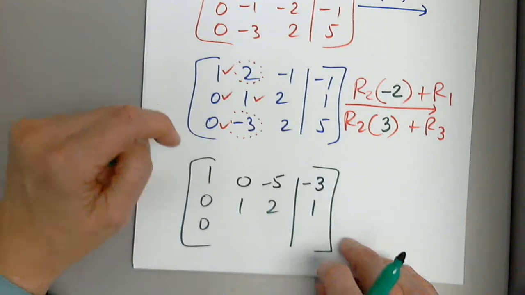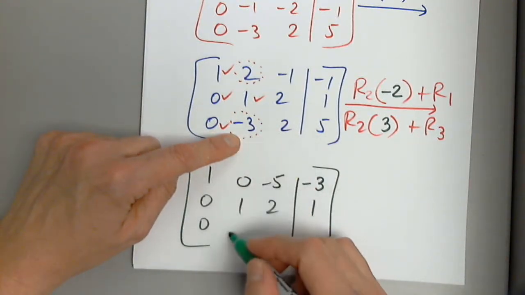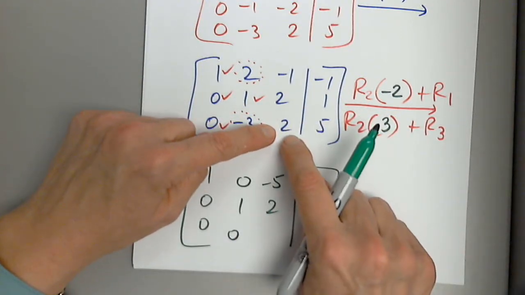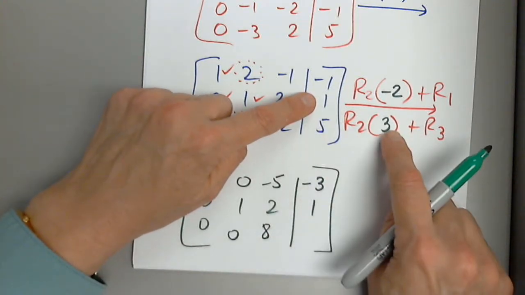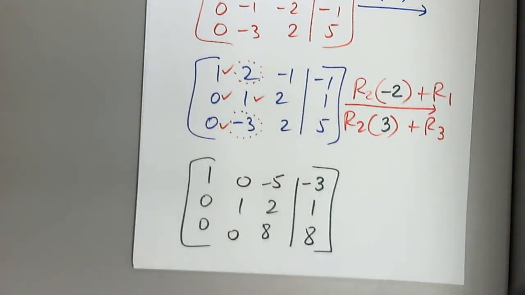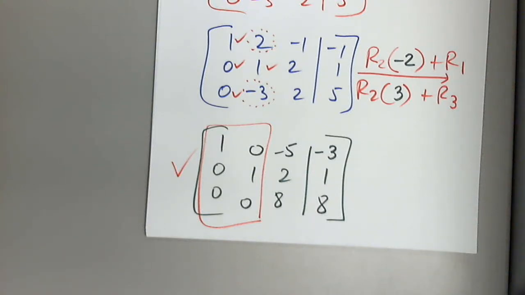Perfect. 1 times 3 minus 3. 2 times 3 plus 2. 1 times 3 plus 5. Great accomplishment. Where is my next step? Right here. In order to help us get the zeros. What do I have to do to this row to get a 1 here?